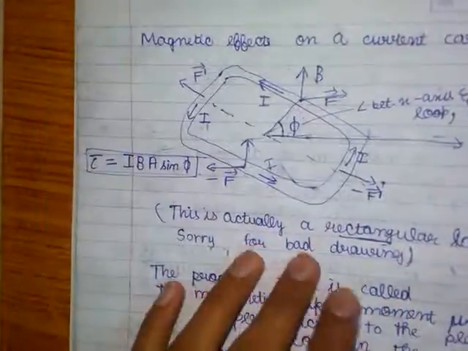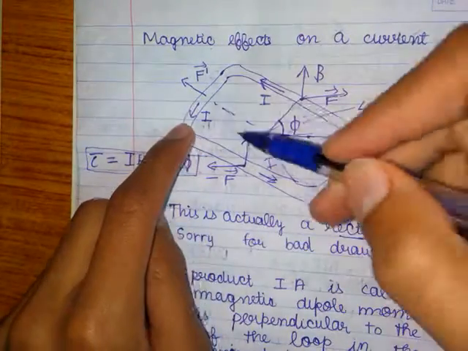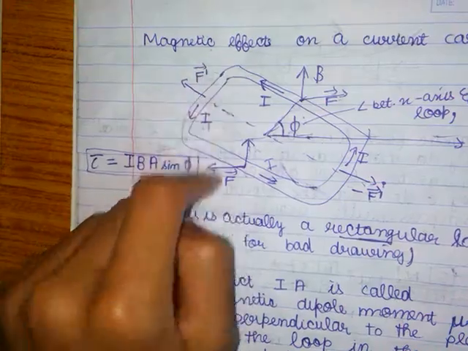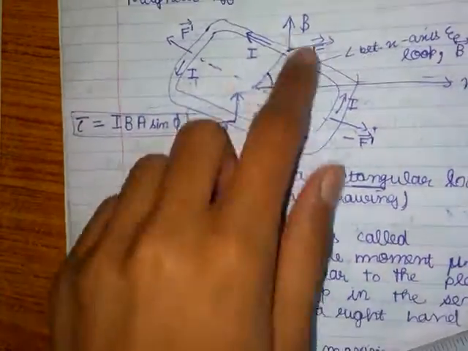The current direction is assumed to be like this. The voltage source is not shown, it may be anywhere, it doesn't matter.